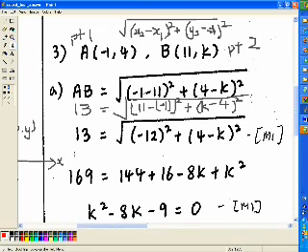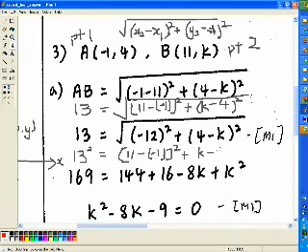That's why this becomes 13 squared equals (11 minus -1) squared plus (k minus 4) squared. 13 squared will give you 169.